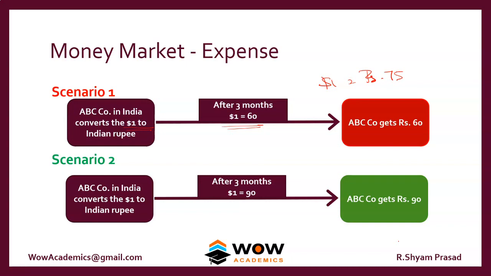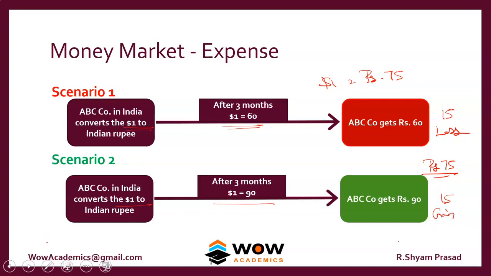So that is an effective loss of 15 rupees. In another scenario, assume the rate has moved the other way and they get 15 rupees more than expected. So that is a gain of 15 rupees.